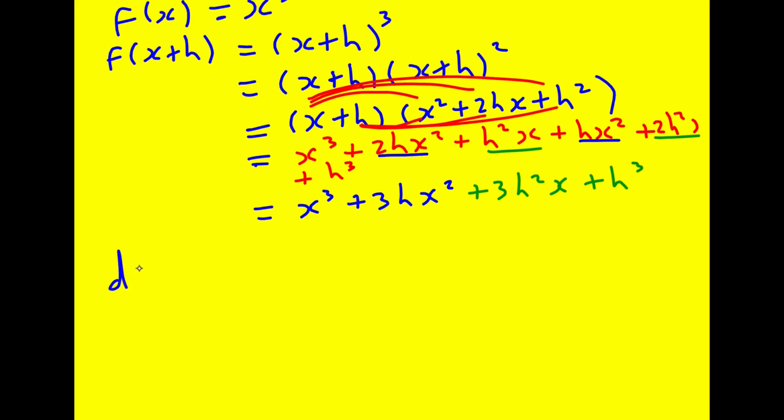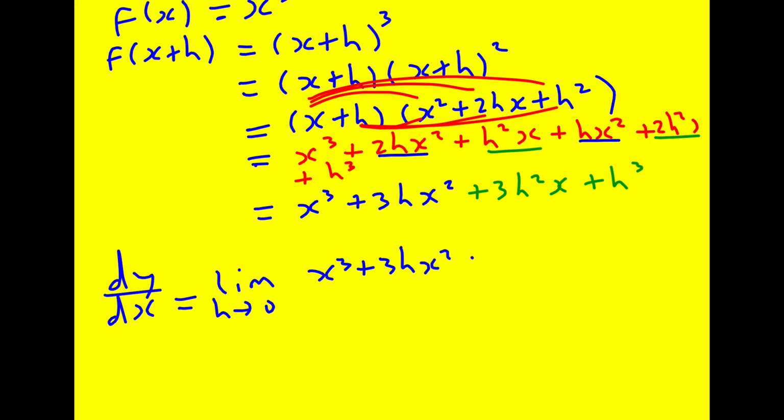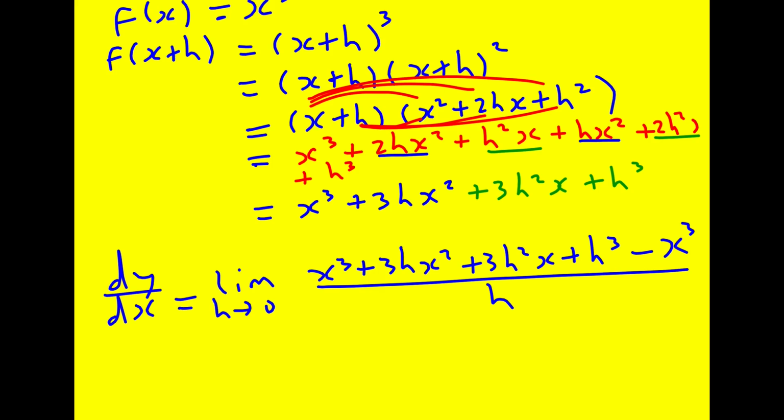Let's go for it. I'm going to use the full notation. So it's going to equal, and I'll explain each step at a time, the limit as h tends to 0 of f of x plus h. That's this whole thing that I've just written down. I'm going to write it down again. Minus f of x. So I'm going to minus that x cubed, and then I'm dividing through by the run.